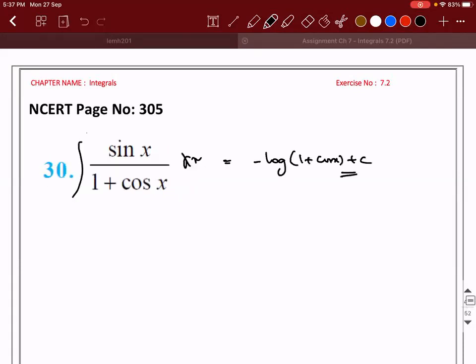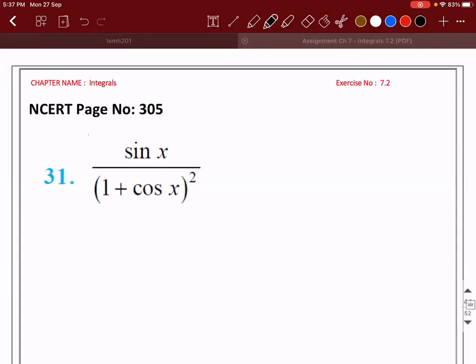Everyone got it? Yes, sir. This one, how are we supposed to? 1 plus cos x as t again, sir. Perfect.